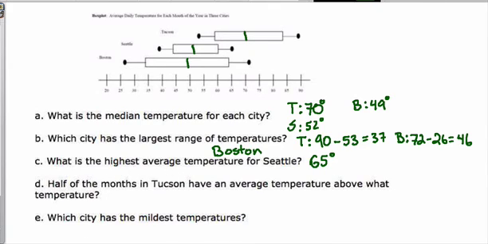If we're looking for half the months and we're looking for above, we're looking for the upper half, right? Remember, this is 25% and this is also 25%, so together this would be 50%. We're looking for the 50% that's above what temperature? It looks like that is above 70 degrees.